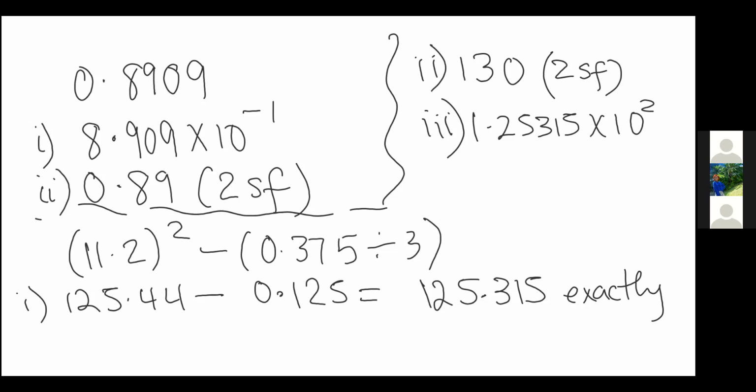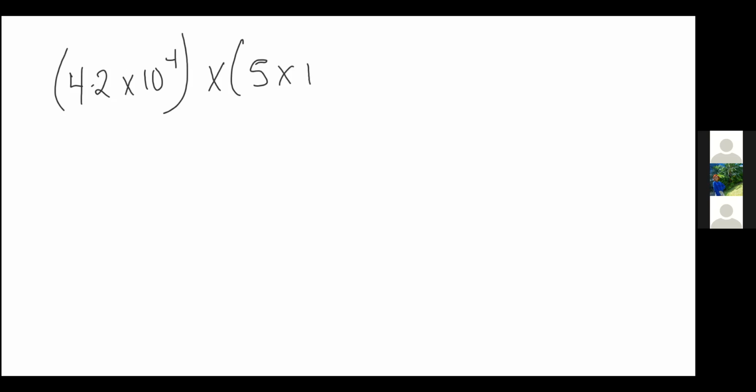Let us go on to the other question. Using a calculator, or otherwise, determine the exact value of 4.2 by 10 to the power of 4 multiplied by 5 by 10 to the power of negative 3.